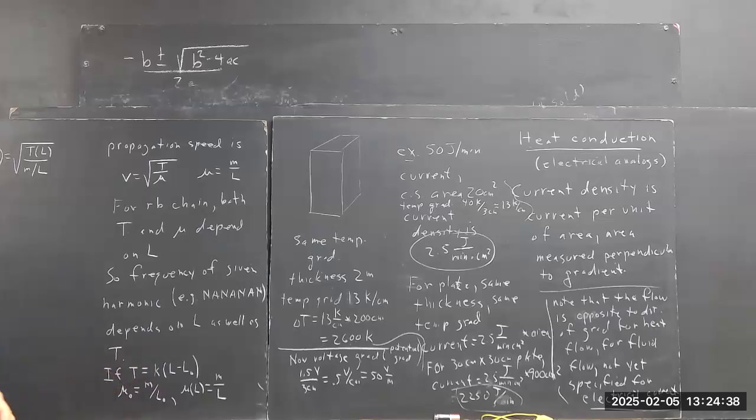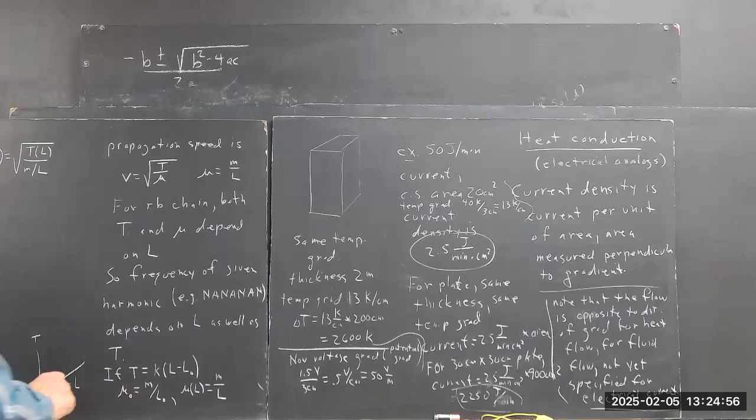If you do a graph of tension versus length, presumably the graph is linear, approximately.